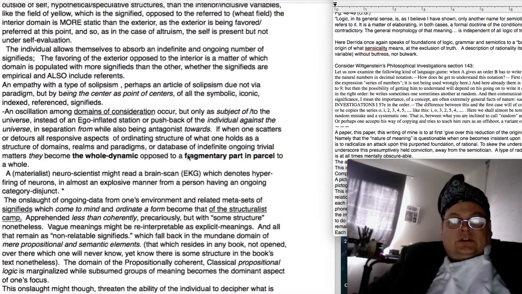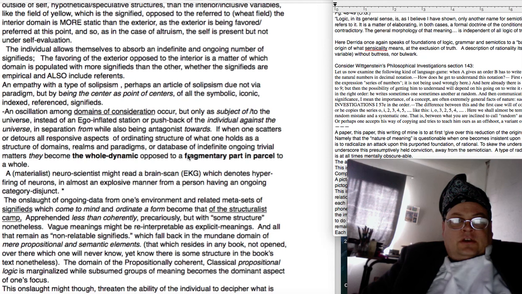The individual allows themselves to absorb the indefinite and ongoing number of signifieds. The favoring of the exterior as opposed to the interior is a matter of which domain is populated with more signifieds than the other, whether the signifieds are empirical and also include reference.